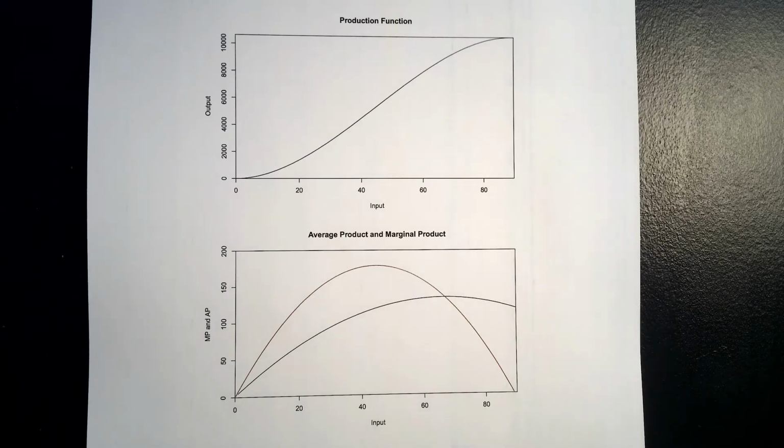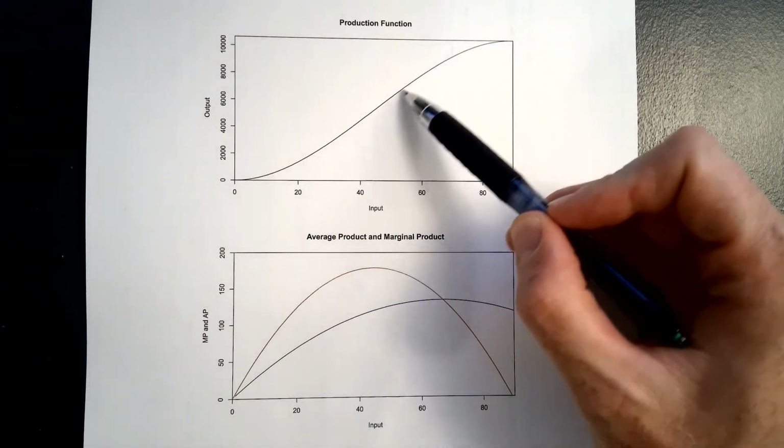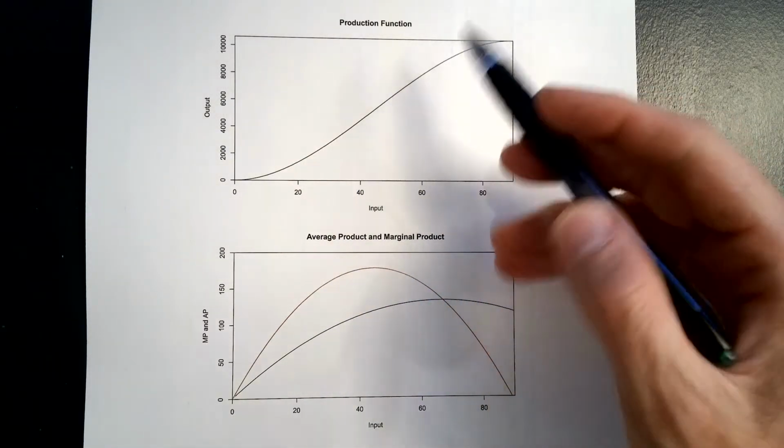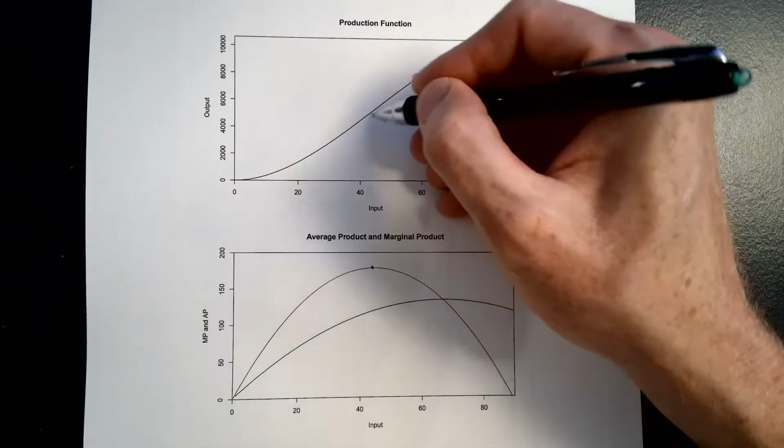Before we move to production in the long run, let me illustrate the derivation of average product and marginal product on this graph, which has been generated with a computer. Now let us first look at the marginal product. The marginal product, again, is the slope of the production function. And we can see here that the marginal product is maximized at this point.